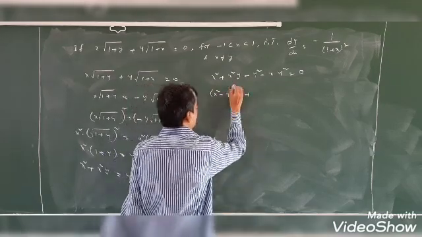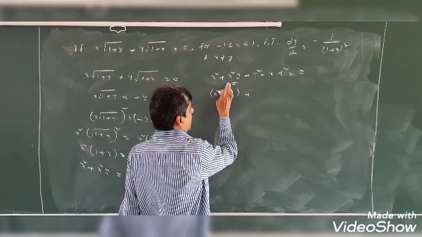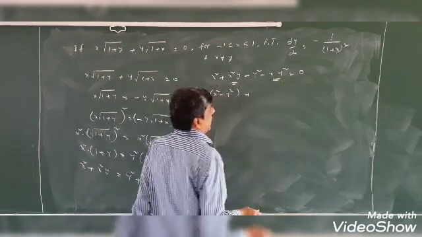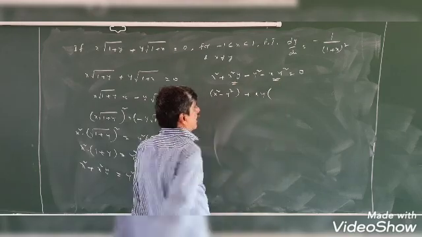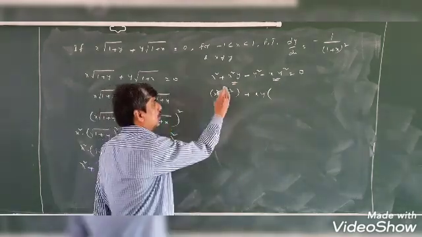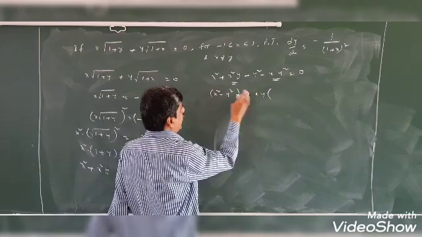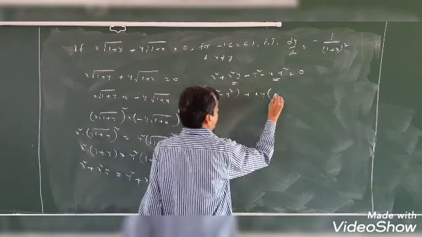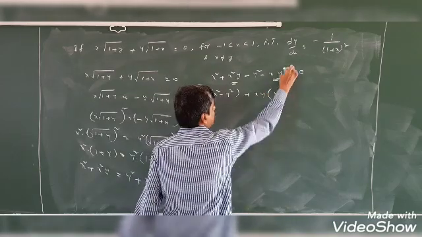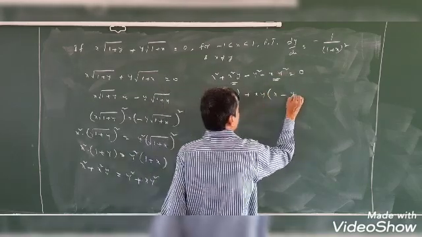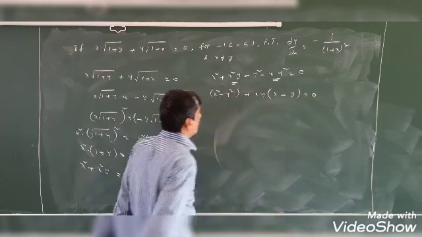So remaining two terms are x square y minus xy square. From these two terms, take xy common. By taking xy common, in x square y the remaining is x, and in minus xy square taking xy common, the remaining is y, is equal to 0.